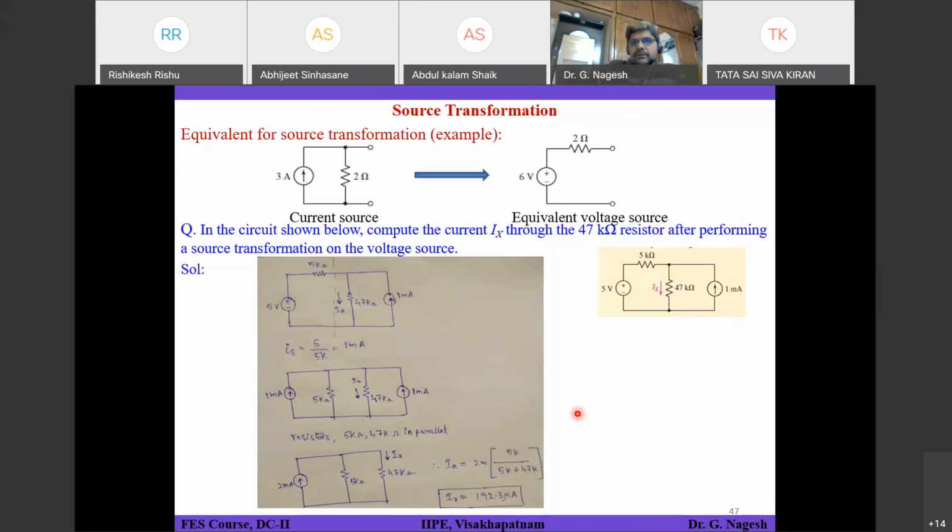But a practical voltage source has a reduced voltage at the output terminals. That means the open circuit terminals you are seeing here will have a reduced voltage. If you have only 6 volts, that can't be called a practical voltage source. If you have doubt, try to convert this back in this fashion.